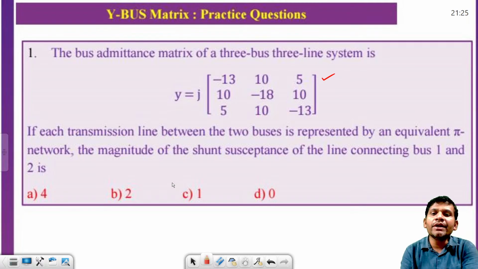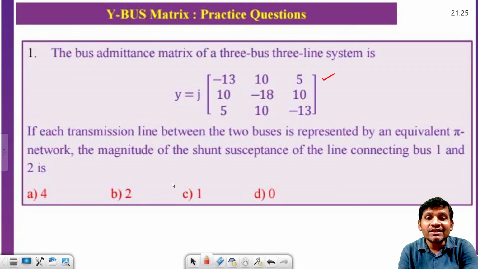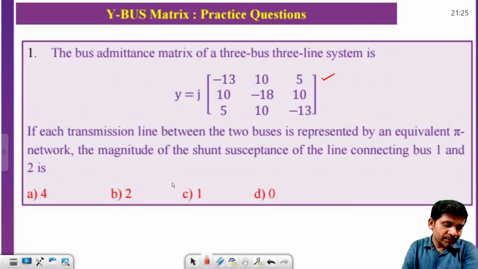You have to calculate the shunt susceptance of the line connecting bus 1 and bus 2. Anybody? Come on, students.